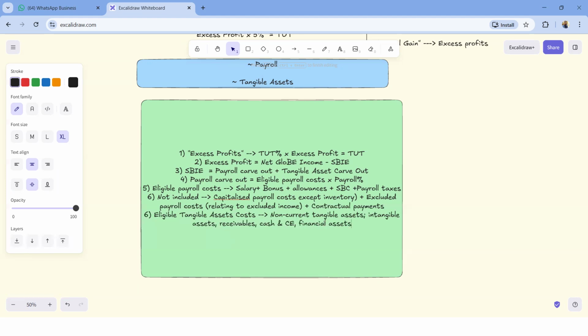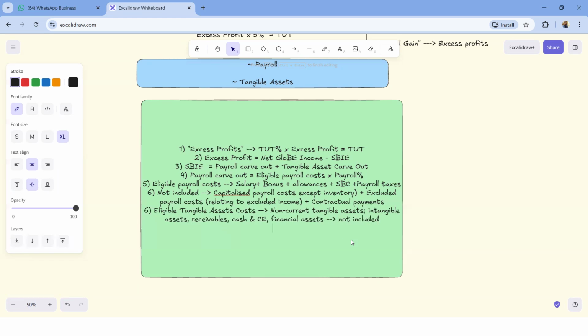All these are not included. ROU is an eligible tangible asset. These are not included.